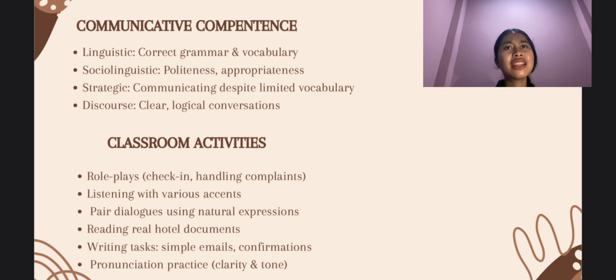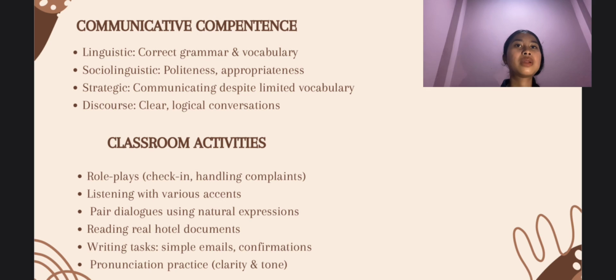The next, classroom activities like role plays, listening exercises, dialogues and pair work, reading tasks, writing tasks, and pronunciation practice. Role plays simulate real guest interactions, for example, checking in or handling complaints. Listening exercises like audio from real hotel situations with different accents.